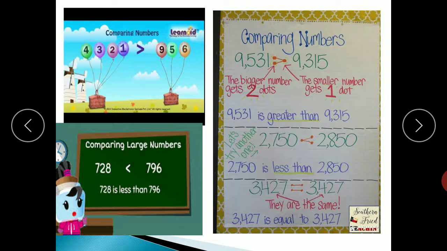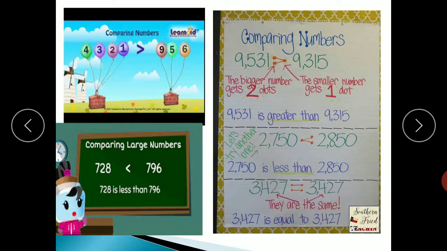Which is the greatest now? So 796 is the greatest number. So we can read it as 728 is less than 796, or 796 is greater than 728.